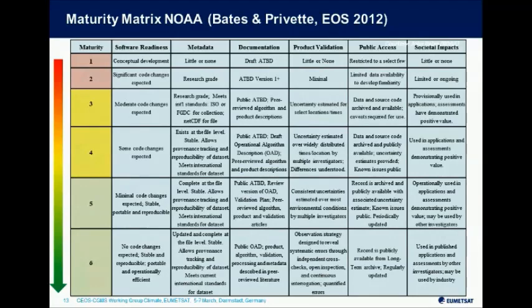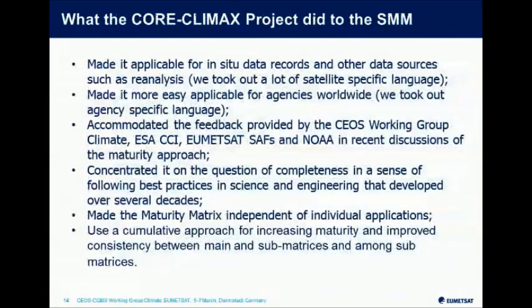And when it gets to 5 and 6, that is a fully mature climate data record in terms of production, and that is fully operational. They don't need additional resources to maintain the production of the climate data record. We don't need to read that. We will come to all those things later.